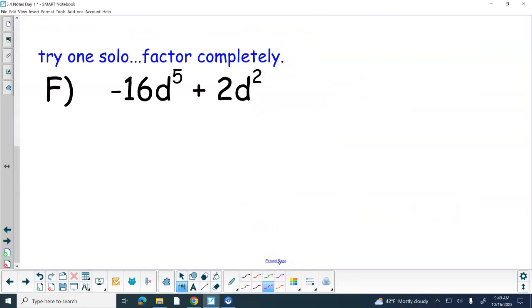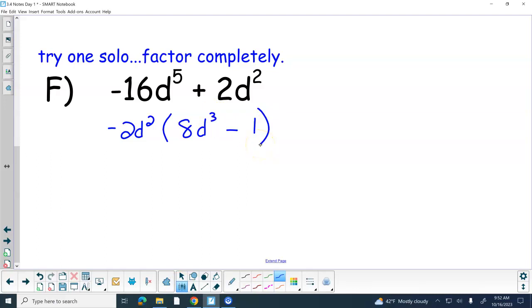While I hand out this week's homework, you try to factor that one completely. I'm going to factor out a -2d squared. If I do that, then I'm left with positive 8d cubed minus 1.